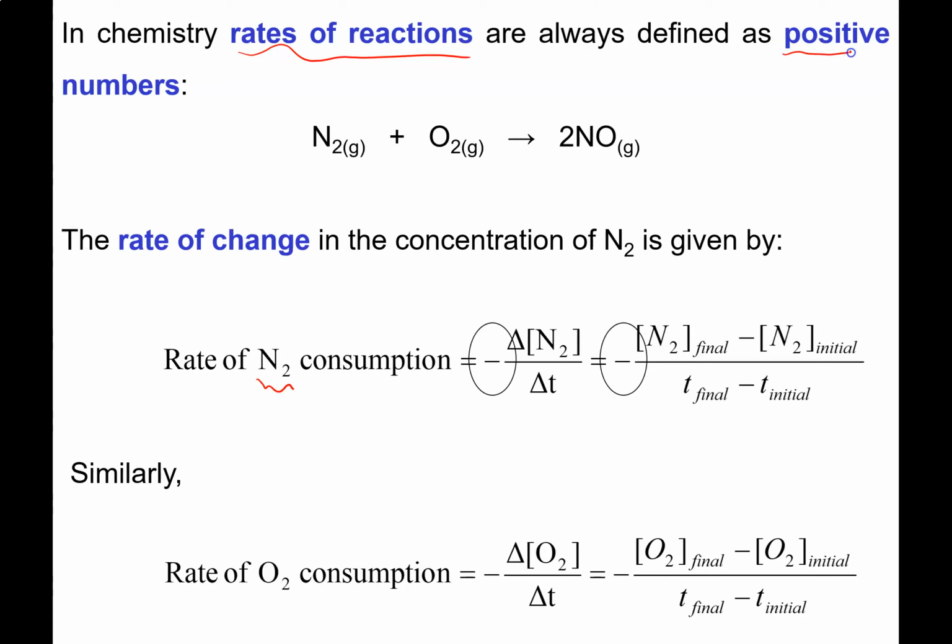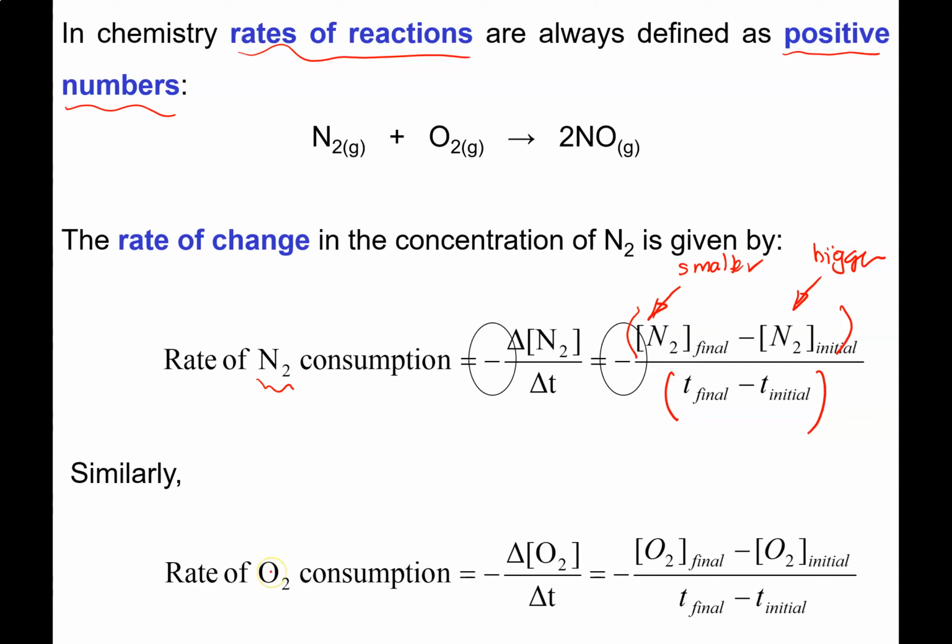We're looking at keeping our reaction rates as positive numbers, and the final concentration of a reactant is always going to be smaller than the initial amount because the reactant is getting consumed. So if we didn't have the minus sign there, this would end up being a negative number. And again, when you put this into your calculator, make certain that you put those terms inside parentheses.